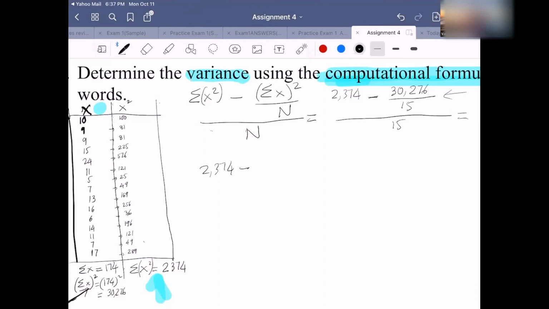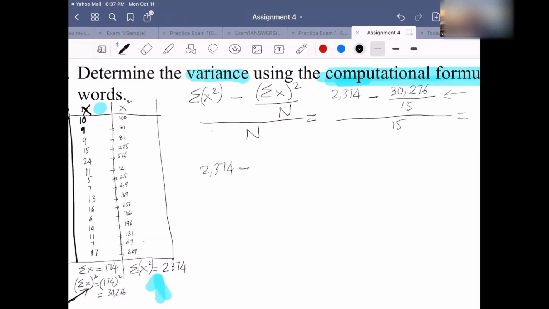All right, a few more answers and then I will move on. What is 30,276 divided by 15, everyone? All right, Brianna.